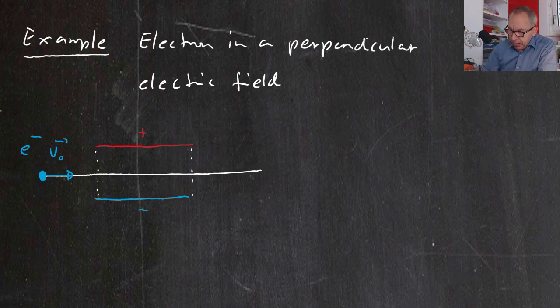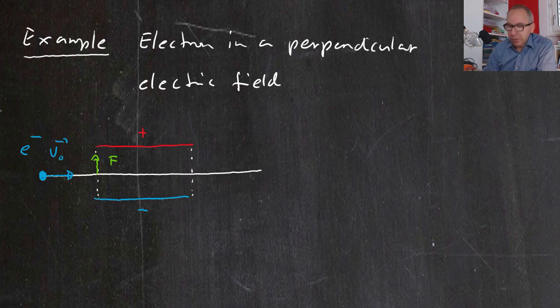It will follow this track until it reaches this point, and at this point a force acts on it. The force will be in this direction, and as long as the electron is inside this area, the force will be equal and always pointed upward.